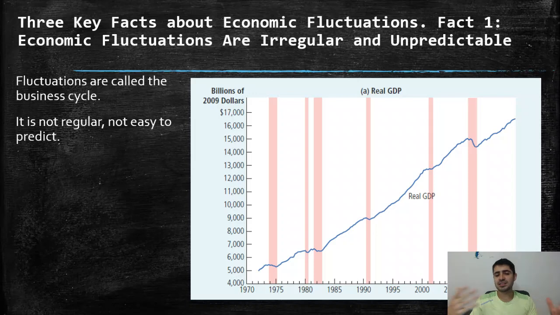This is the graph of real GDP for the United States from 1970 to 2015. As you can see, the trend is upward; it's an upward slope for real GDP. However, it's not all the time the same. Let's have a look at the bars in red. These bars reflect periods when real GDP was declining.